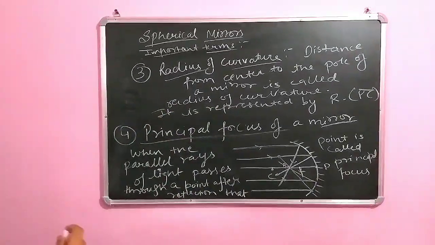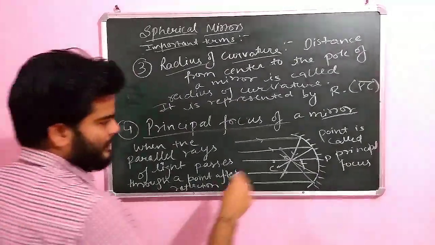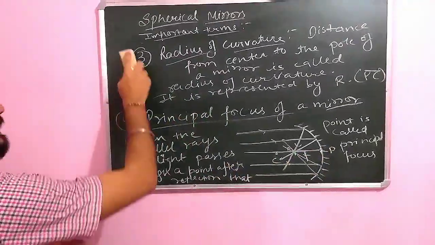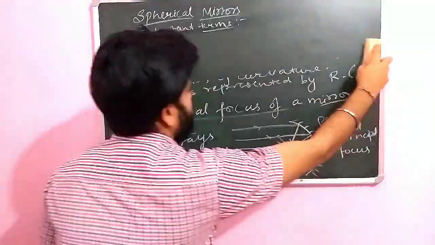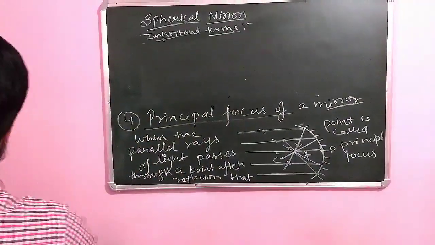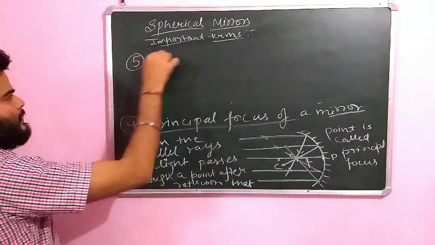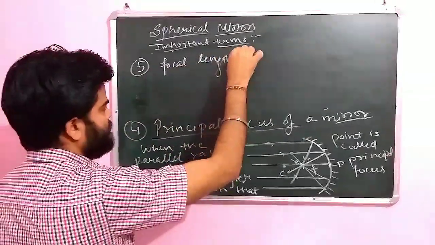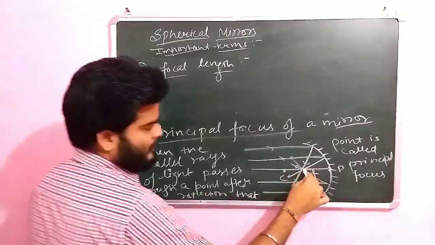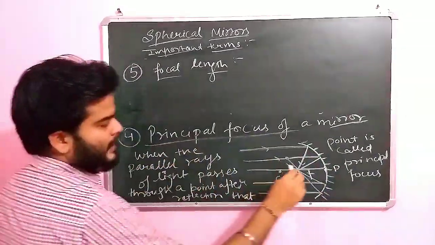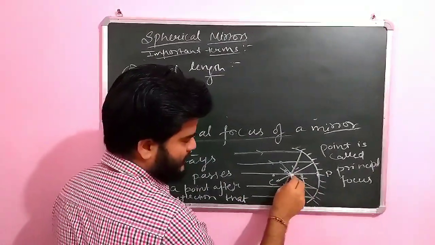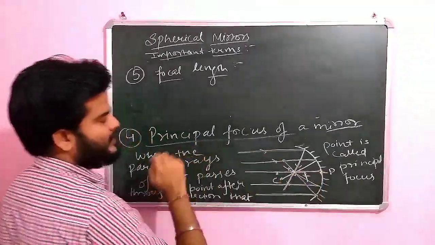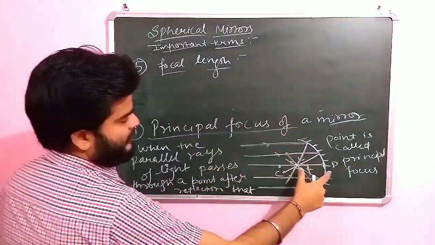Now the next is focal length. From here to here, F to P will be the focal length. Focal length, the distance from the focus to the pole. You can see here this principal focus will lie just between P and C. It means it is just in between.